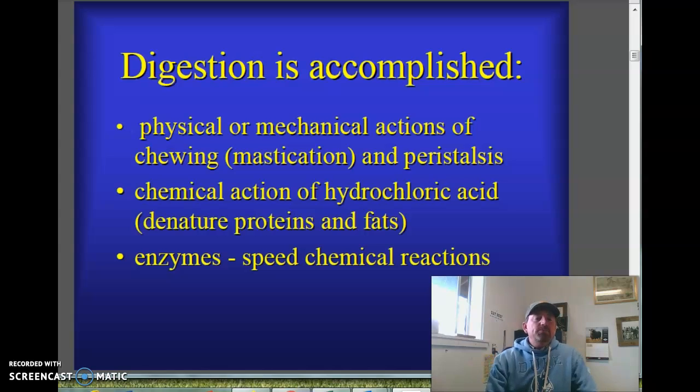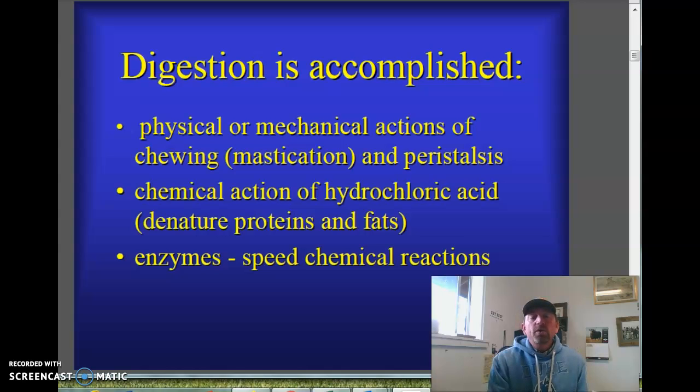Digestion is accomplished by a lot of different things. First, it is the physical and mechanical action of chewing, which we call mastication. This is breaking feedstuffs down. Now, different animals do this differently. Obviously, our ruminant animals are missing their top front teeth, so they just have a dental pad, so they use their tongue more and their back molars to grind and mix the feed up.